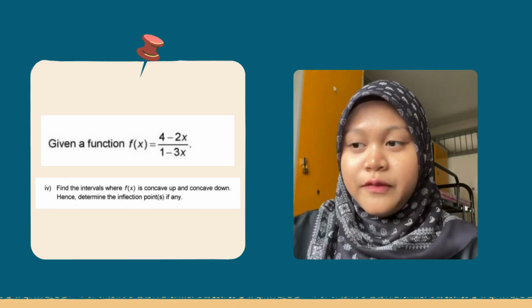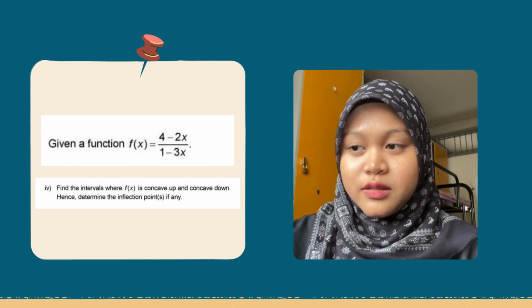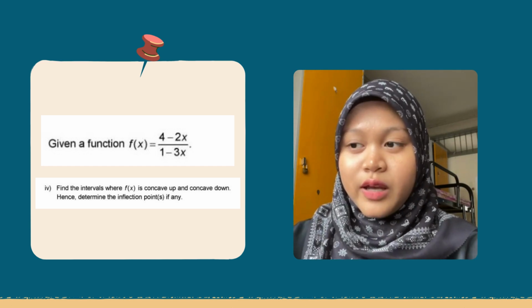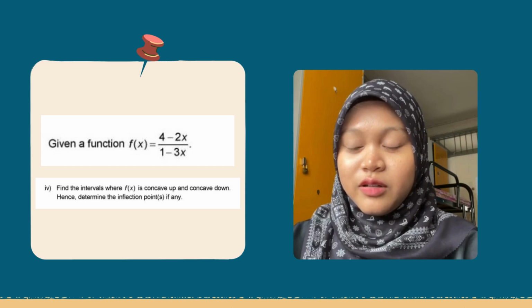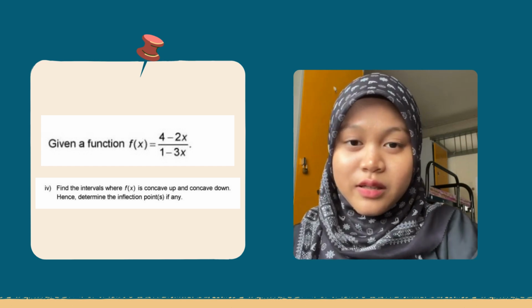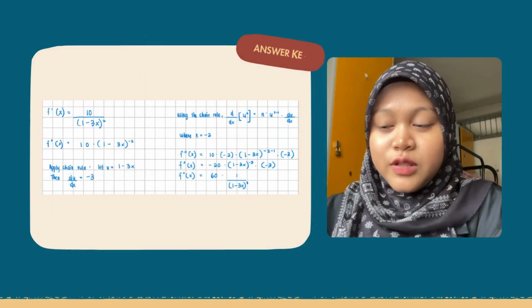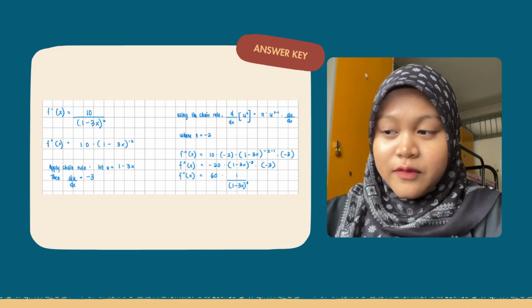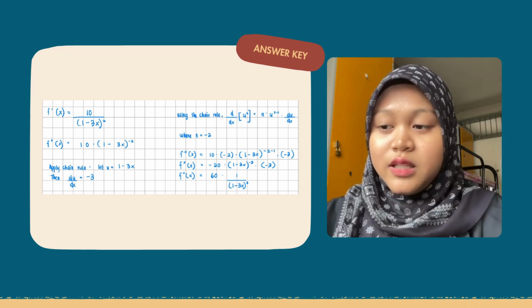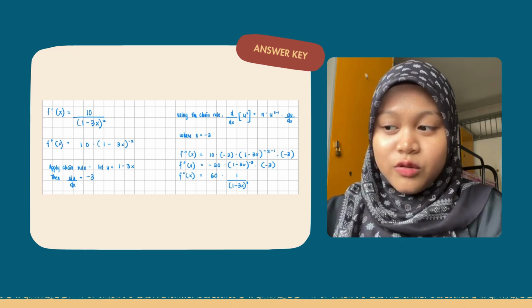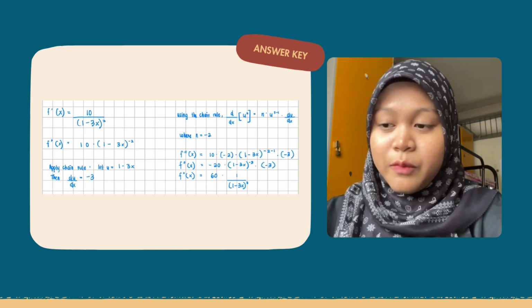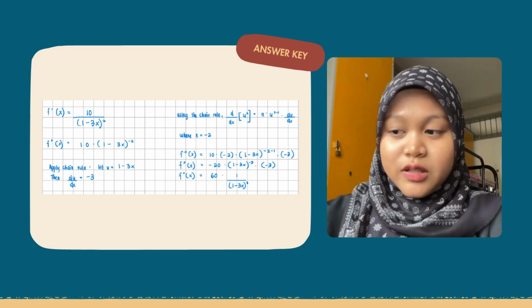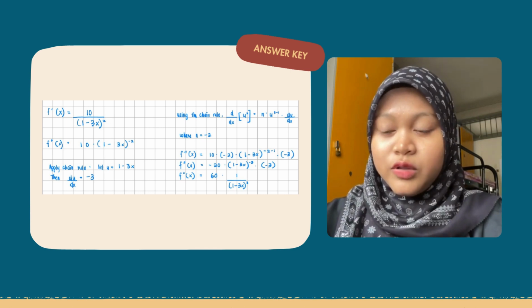So the first question is, find the intervals where f(x) is concave up and concave down, hence determine the inflection point. First of all, we need to find f double prime of x from f prime of x. In this question, we have to apply the chain rule to get f double prime of x, because there is a power to differentiate.